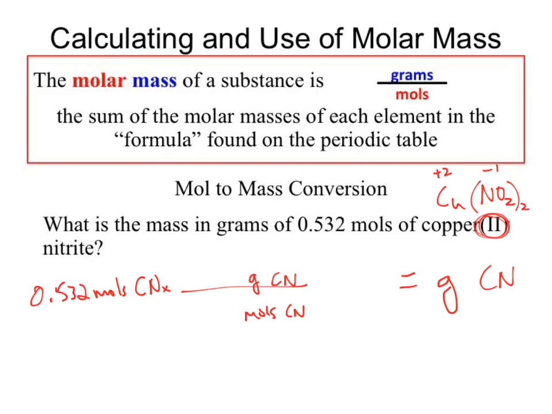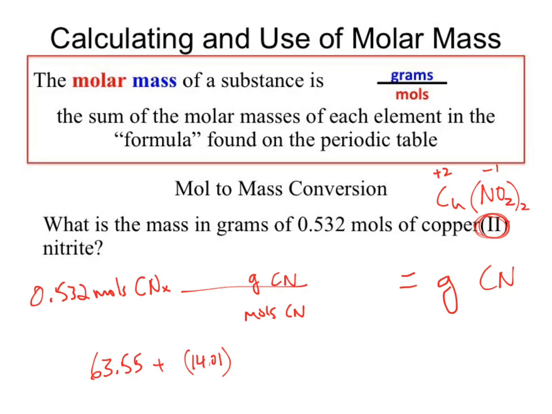Do we have a way of figuring out the mass in a mole? Yeah, we look at the periodic table and we use the molecular mass for each of the elements and we add it up. So the number that we would have to put in front of grams would be the mass of copper. Keep looking in the wrong spot. Mass of copper. Oh yeah, I find it. 63.55 plus 14.01.